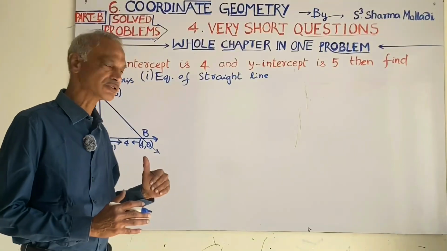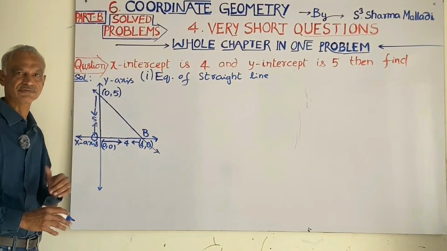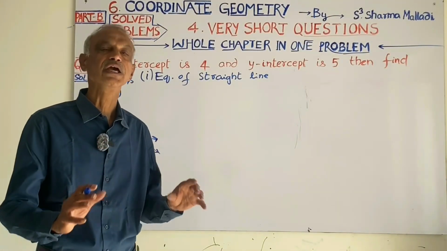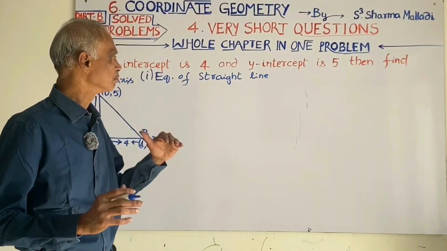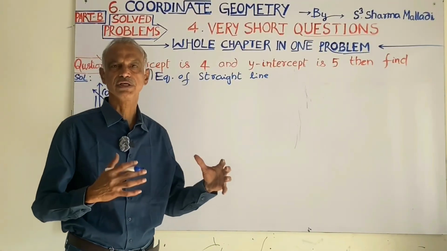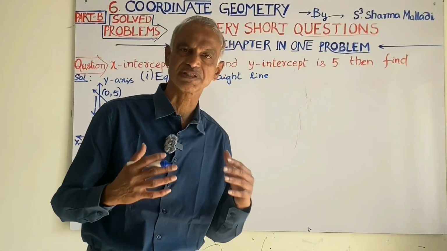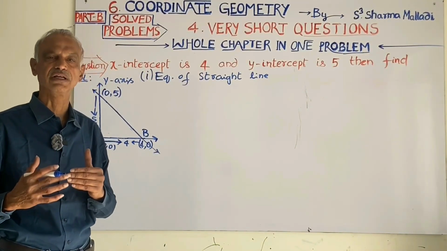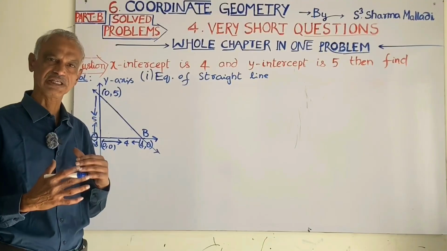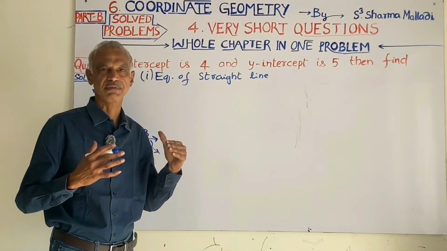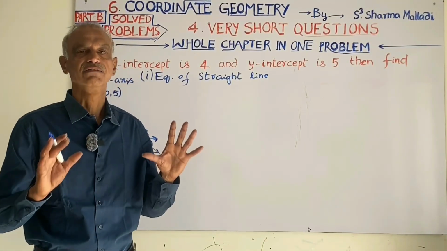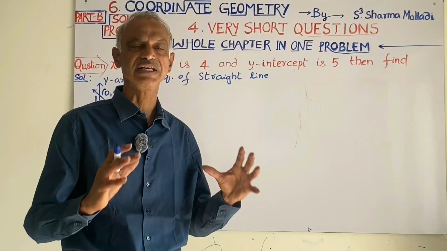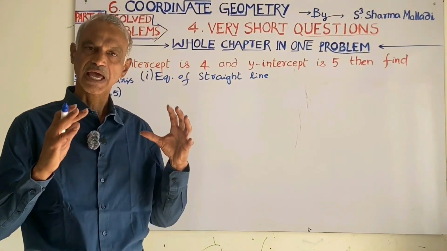If it passes through origin, the equation will be y is equal to mx. You have only one form, but you have different forms: y is equal to mx plus c, ax plus by plus c is equal to 0, m into x minus x1 is equal to y minus y1. All these formulas come from only y is equal to mx plus c. We have only one equation, that is y is equal to mx plus c.